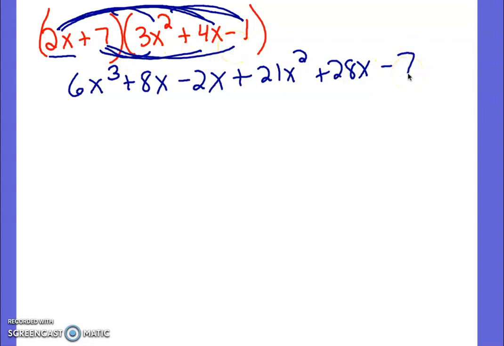Now remember, you got to combine like terms. And so I want you to pay attention to what is like terms. So you have 8x minus 2x are like terms. And then you also have 21x squared. Whoops, I made a mistake. This is 8x squared right here. 2x times 4x.